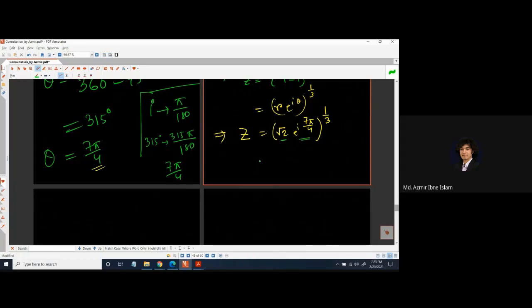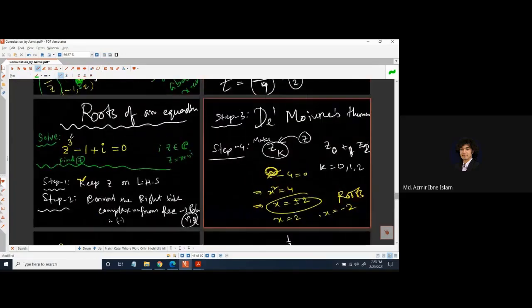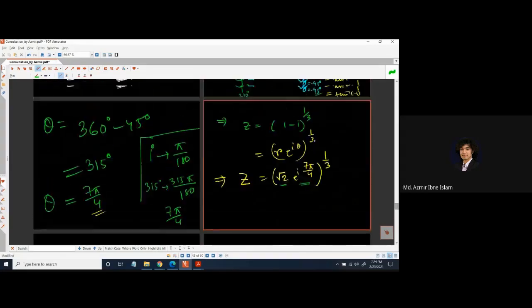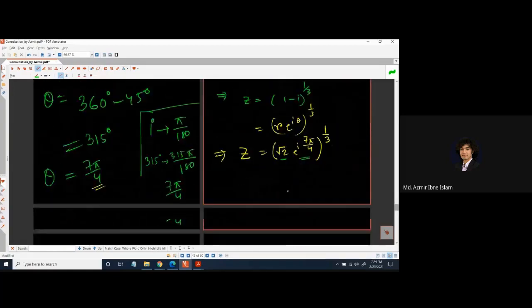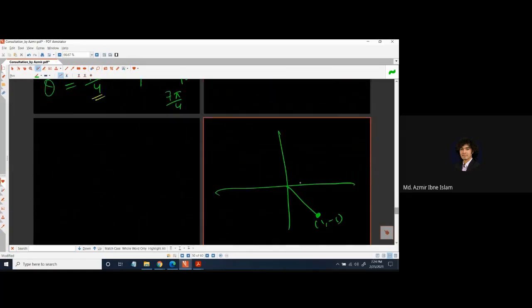But here I have mentioned that we have to apply de Moivre's theorem. So de Moivre's theorem says that theta, that is the small argument of z, can take multiple values. So let's say we have this number 1 negative 1.